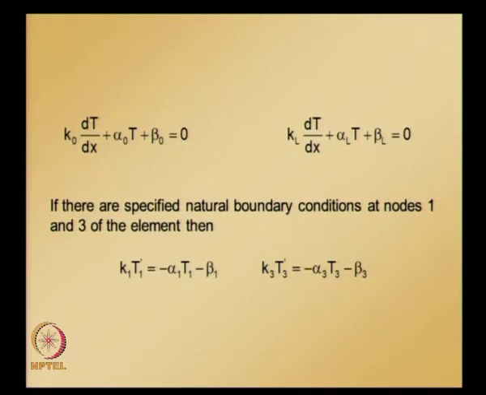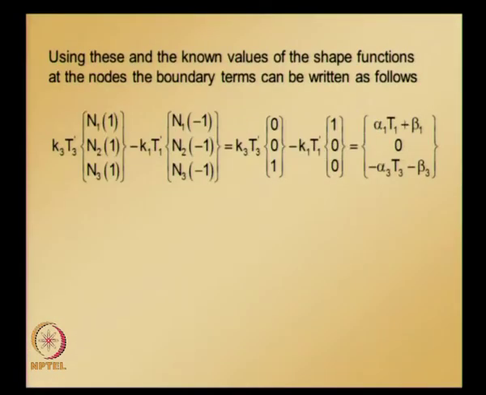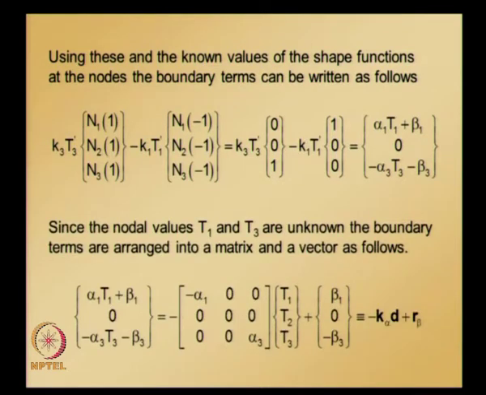So, substituting this into the previous equation using these and the known values of shape functions at nodes, the boundary terms can be written in the following manner. And which can be again rearranged, since nodal values T1 and T3 are unknown, the boundary terms are arranged into a matrix and vector form as given here.